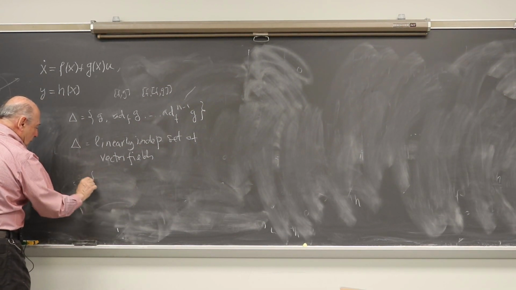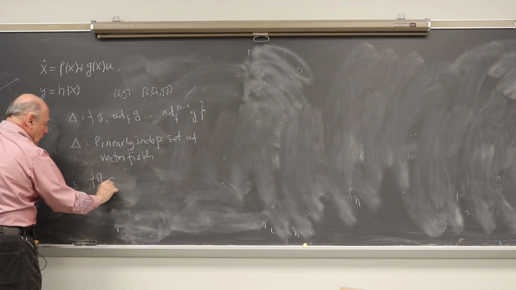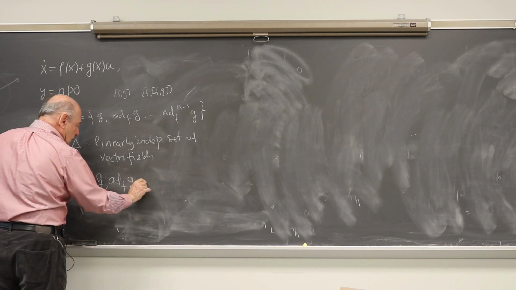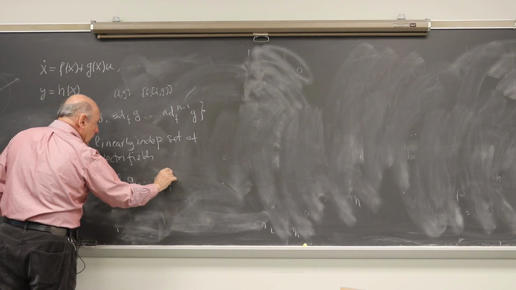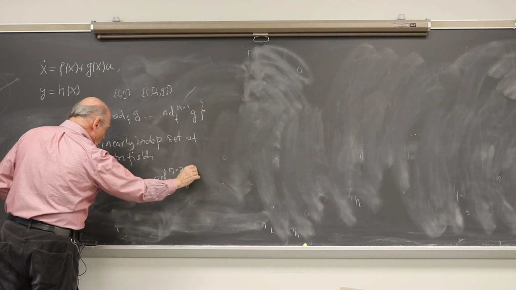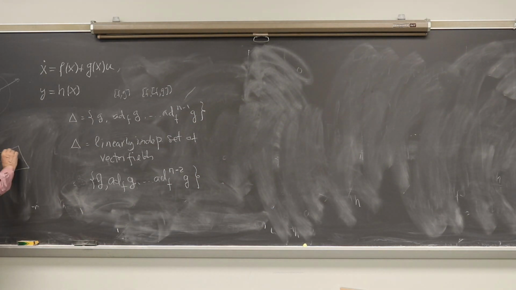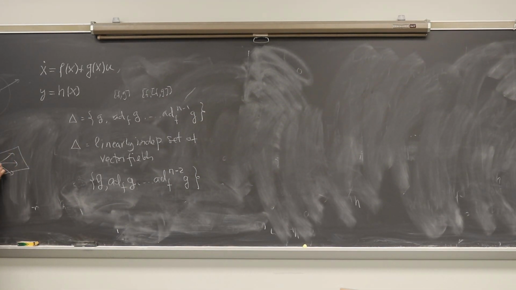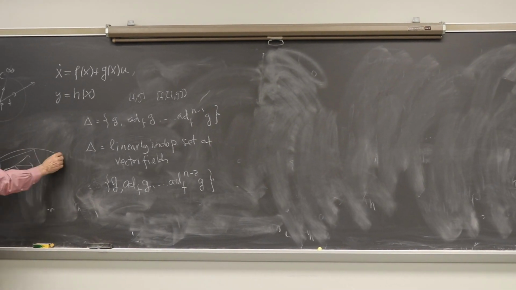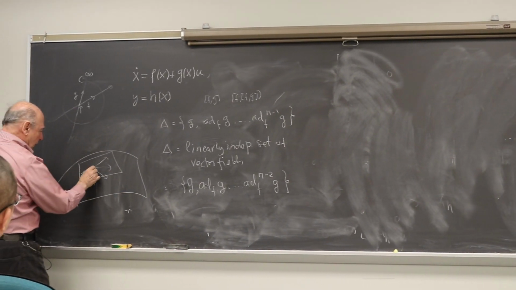So this subdistribution G, add Fg, all the way to add Fn minus 2g, one previous to that one, has to be integrable, in the sense that all these things have a support surface to which those vectors are tangent.